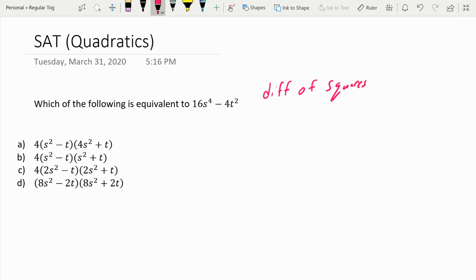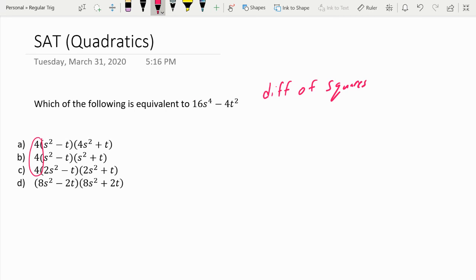Remember, when that happens, you should be able to take the square root of both of them. But even before that, what do you notice? If you look at the answers, they kind of give you a little bit of a hint.